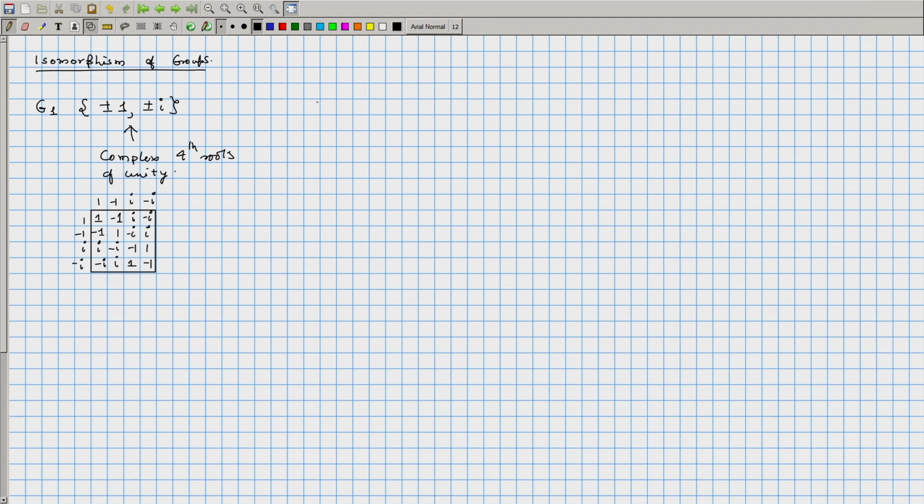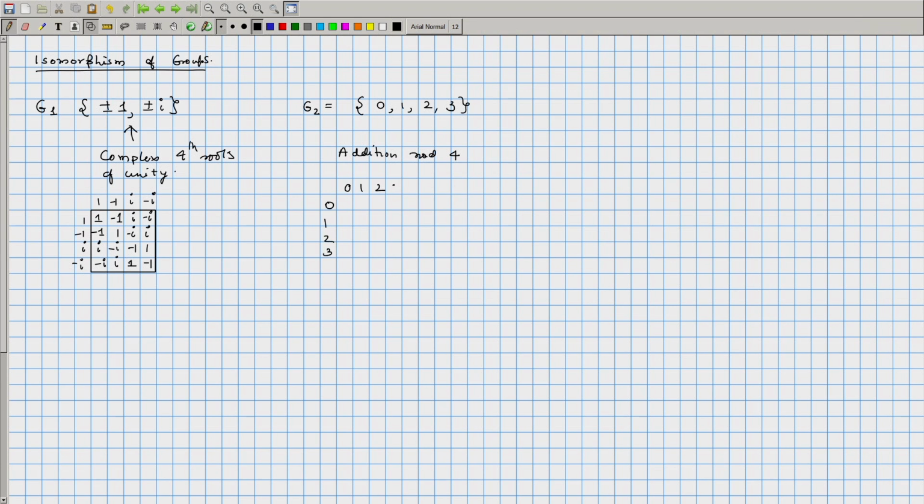My second group here consists of the elements 0, 1, 2, 3, and I am considering addition mod 4. So again the elements are 0, 1, 2, 3.